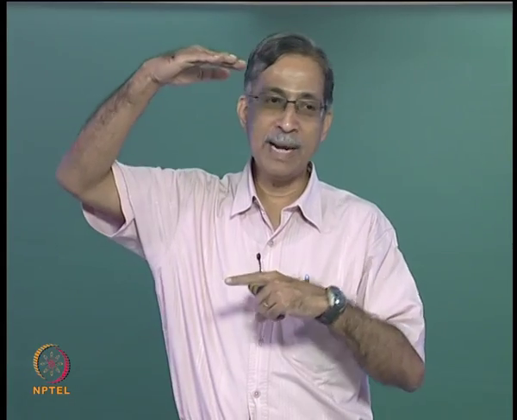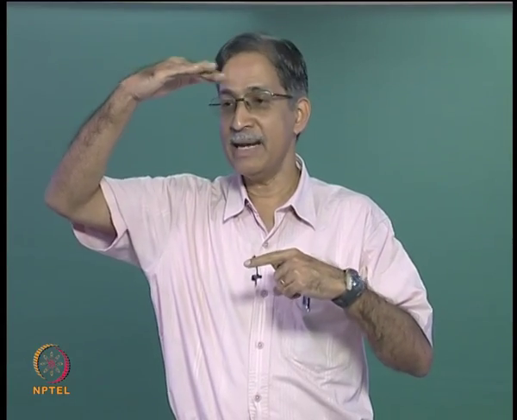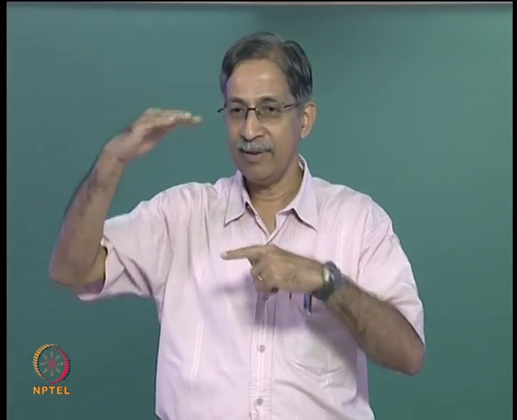Okay, a braced column is a column in which you do not have any chord rotation. That means the two ends of the column will not have any relative translation between them. In an unbraced column, you have relative translation. So the second case is unbraced, the first case is braced.